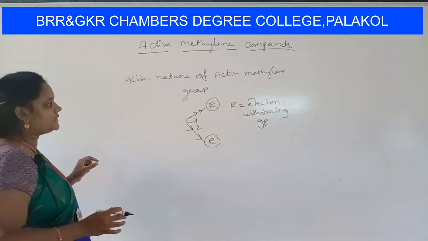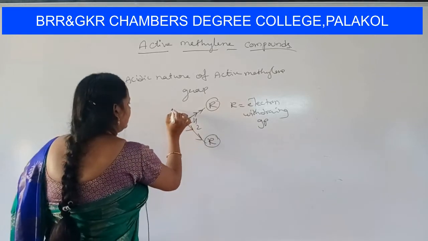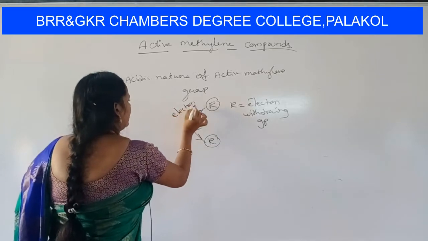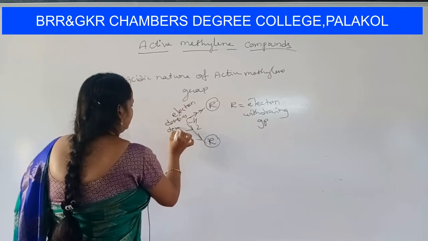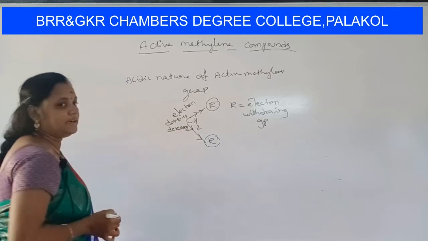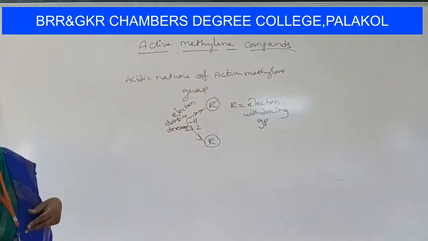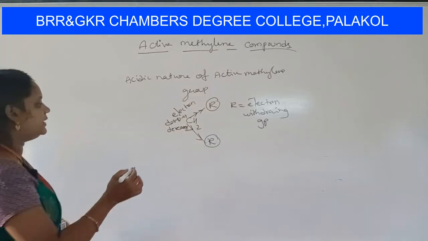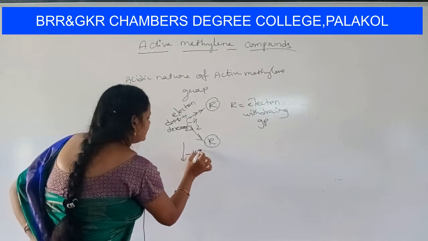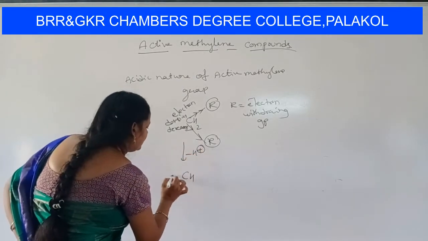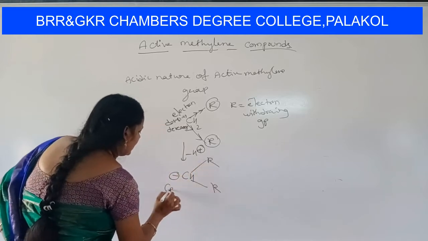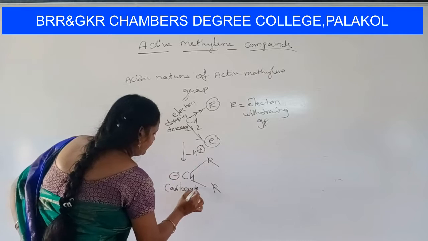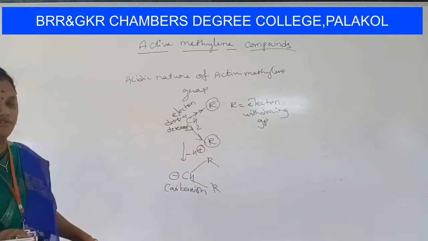So the electron density decreases, so that the C-H bond can be easily ionized and H can be left as a proton. So you will get a CH minus R R carbanion. A carbanion is formed.